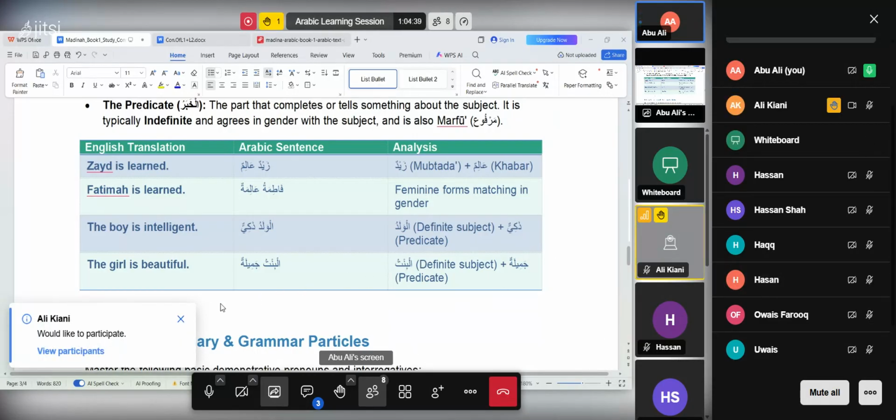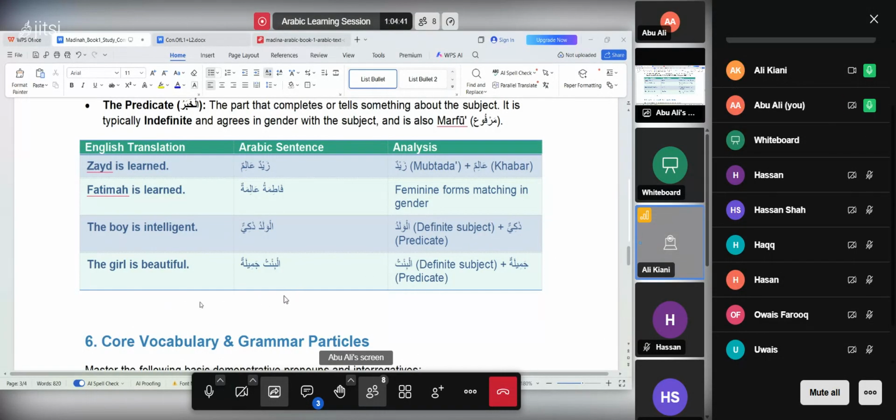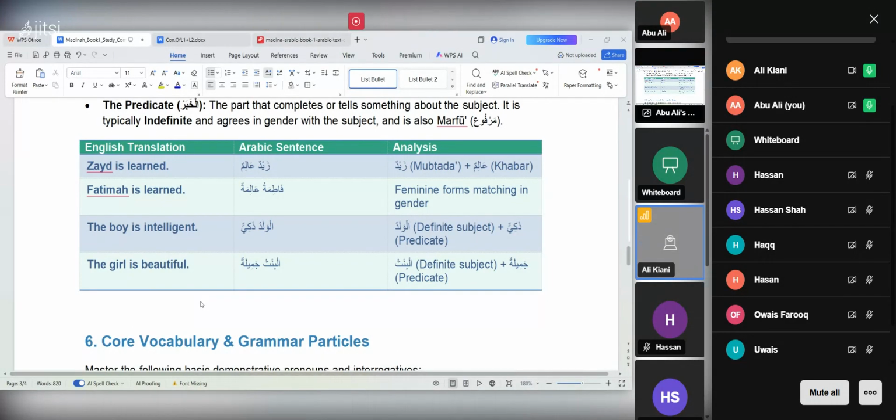Yes, Mr. Ali Aoun. If you switched it around, if you wanted to say, learned is Zaid, like you made Zaid the khabar, would that work as well? Obviously, if you say it to someone, he will understand it, but it sounds weird and it is unacceptable linguistically. But it is not always unacceptable to make the khabar precede the mubtada. There are conditions where it is acceptable, and we will learn these conditions, inshallah, as we go by.